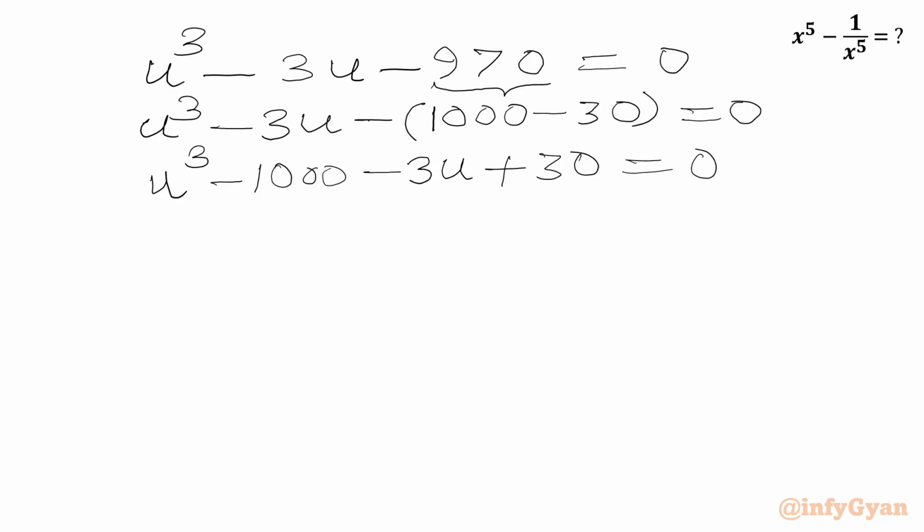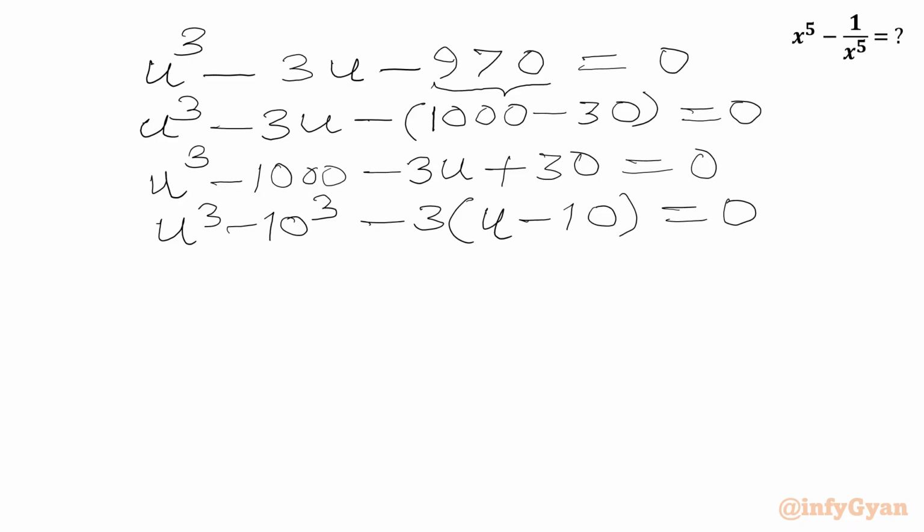Now 1000 is 10 cube. So we can write u cube minus 10 cube, so that we can apply the a cube minus b cube formula. Then we will take minus 3 common out. In the bracket we are going to get u minus 10 equal to 0. Now we will apply the a cube minus b cube formula here.